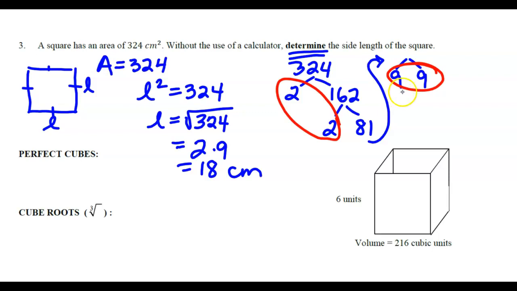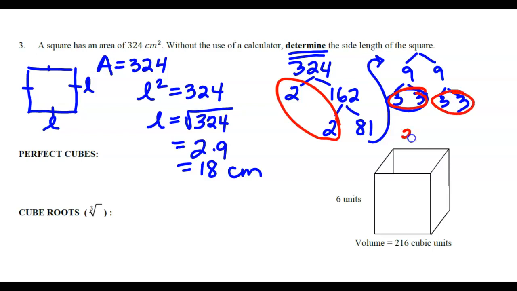If you wanted to go further and do prime factorization, this is what it would look like. 9 times 9, 3 times 3, 3 times 3. Oops, I want to do that in red, just a sec. So then it would be 2 times 3 times 3, which is 18. So either way, you get 18. Okay, need the units at the end. Don't keep the centimeters in your work. Just keep it at the end, or put it in at the end.